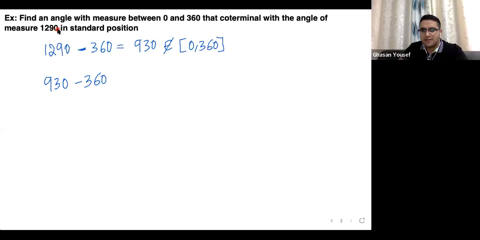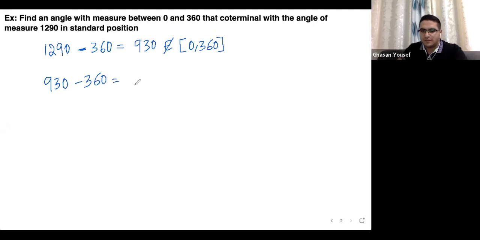Both of them have the same initial side and the terminal side. But 930 is not the answer for this example. The example is looking for an angle between 0 and 360. So let me keep subtracting again.